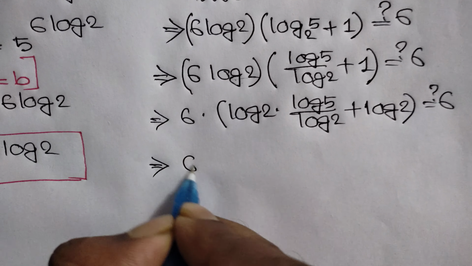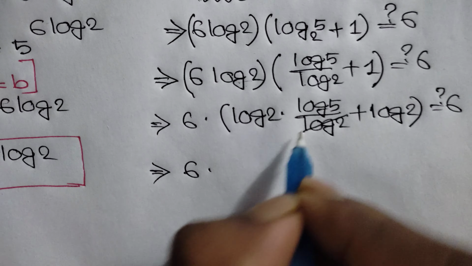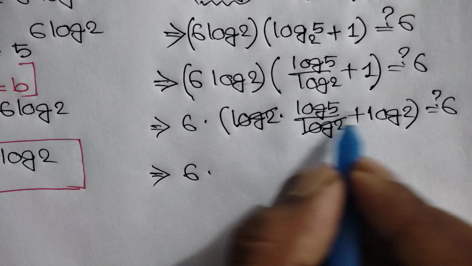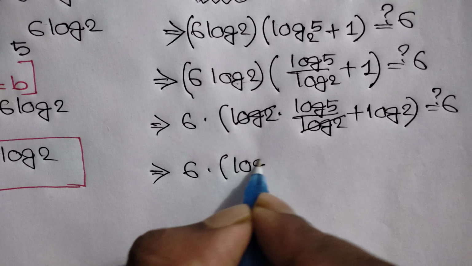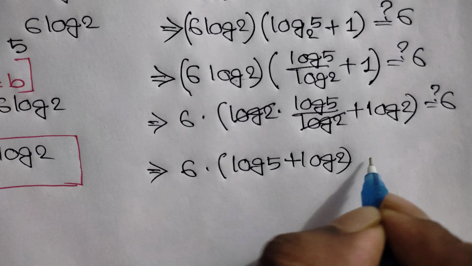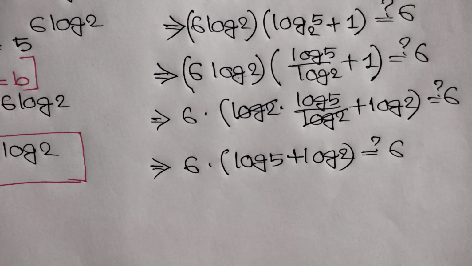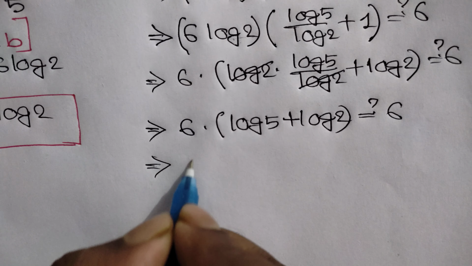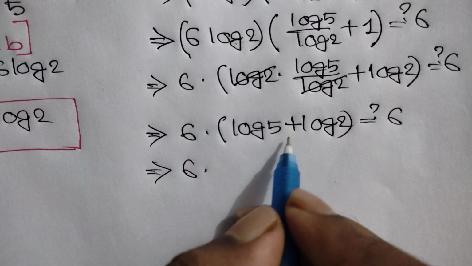Now this log of 2 cancels out this log of 2, so here we will get 6 times (log of 5 plus log of 2), is it equal to 6? Now apply the formula.